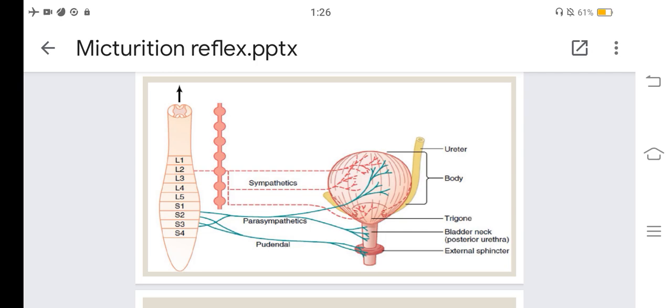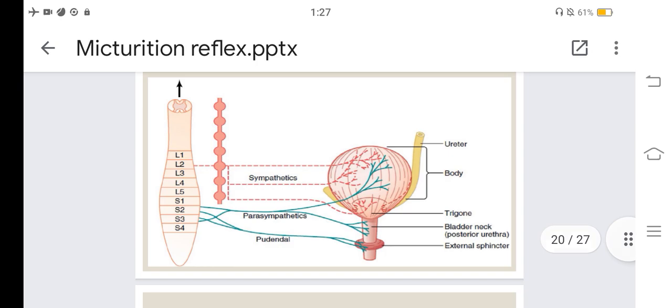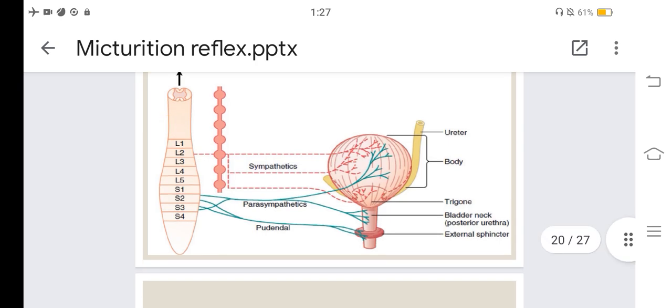Into this region, parasympathetic nerves and sympathetic nerves connect. Along with that, the trigone region also connects with sympathetic and parasympathetic nerves. But the bladder neck and posterior urethra region connect only with parasympathetics. The pudendal nerve connects only with the external sphincter.